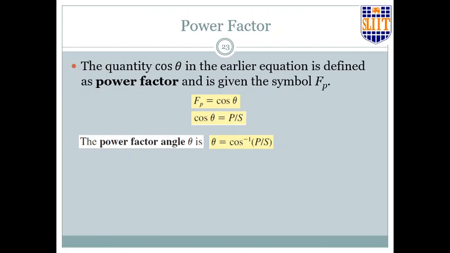Out of that, some component is useless, that is the reactive power. So this ratio is known as the power factor. Power factor is defined as cos theta, and the power factor angle is theta. So this is basically the ratio between the real power and the apparent power.